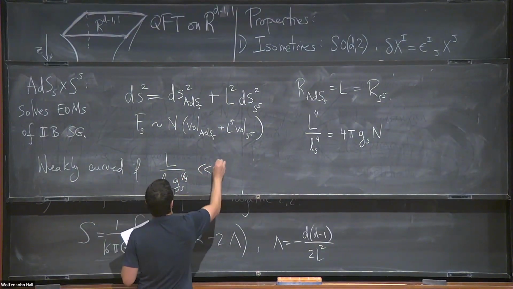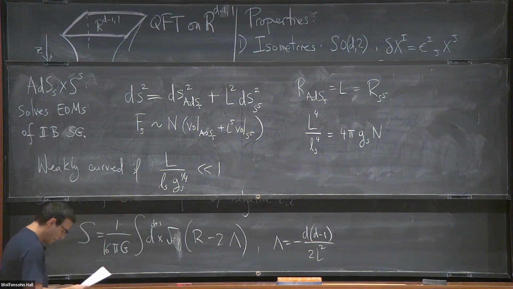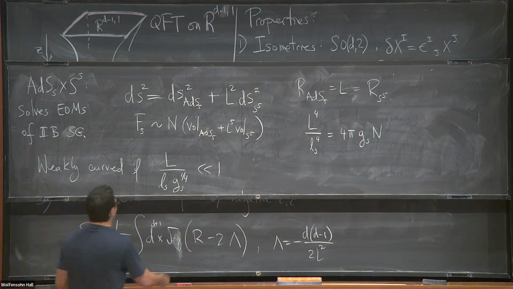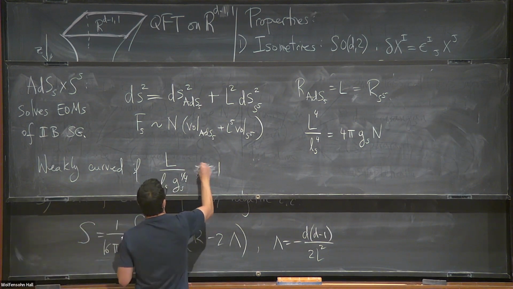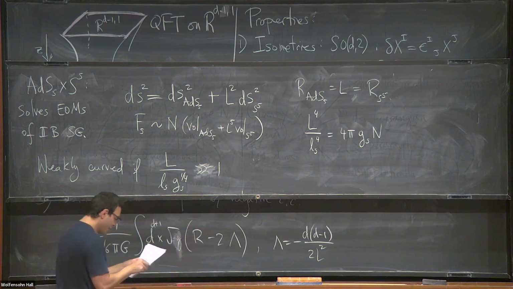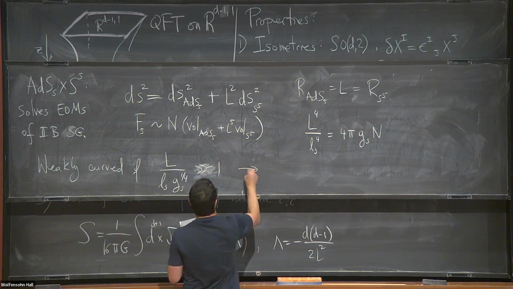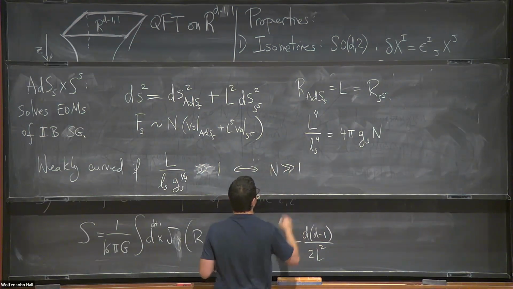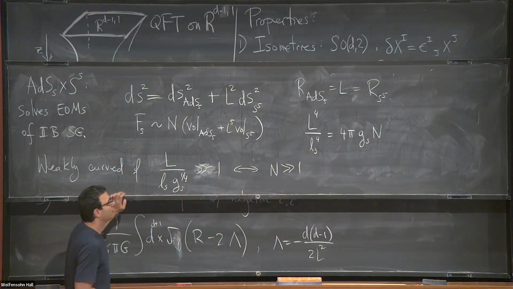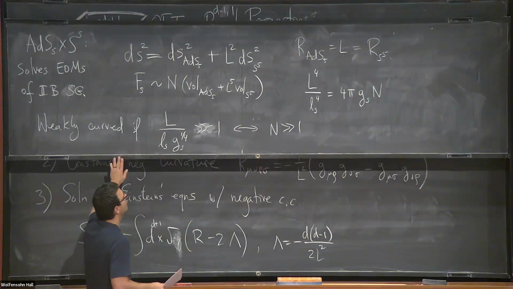If we want the strings to be small, we want L to be much bigger than 1 in string units as well. And this implies, based on that formula, that N is much bigger than 1. So that's the condition: the field theory has a large number of degrees of freedom.